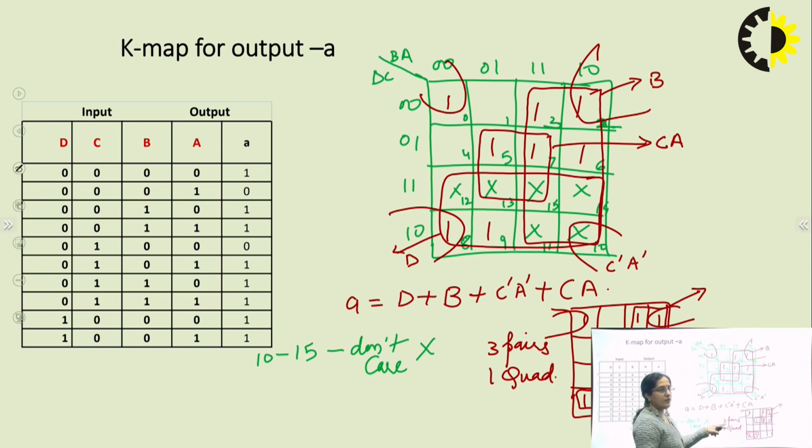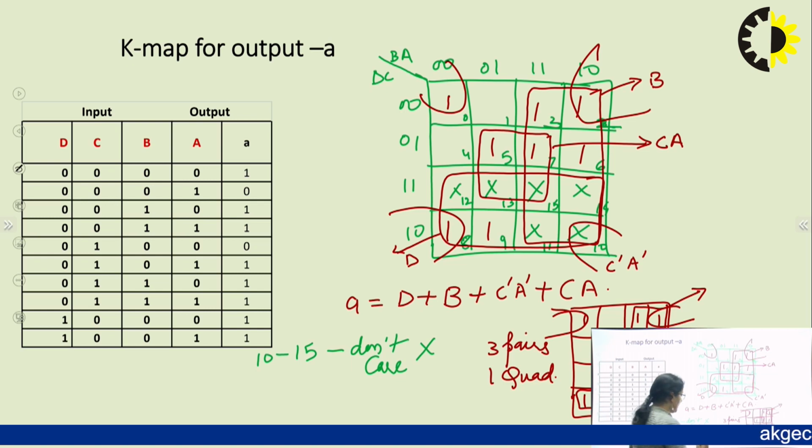Same, we are having 4 terms, but as you see from this expression, if we write the expression for this, for A, this pair is there. Here we are having D, C, and here we are having D dash, C dash, and the value not changing is A dash.